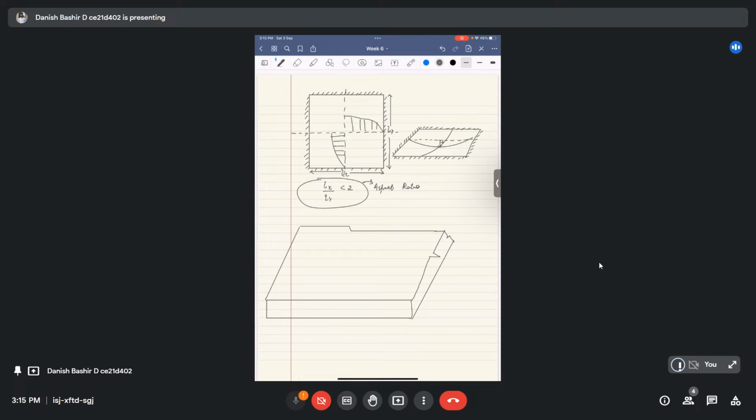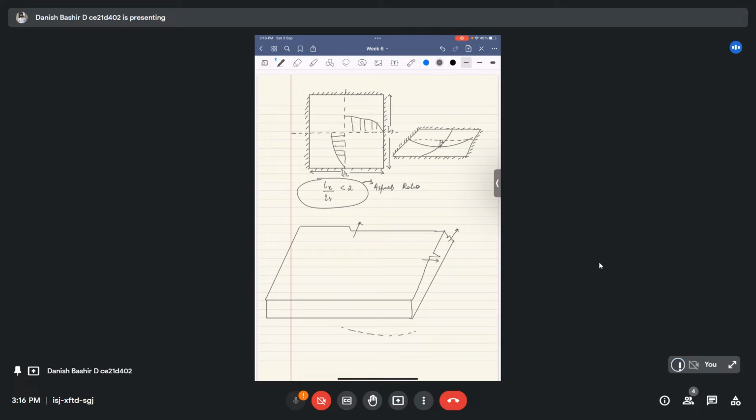This mark shows it's continuous in this way, and in this way. If this slab system bends only in this primary direction, we can cut these slabs and treat them as small beams.